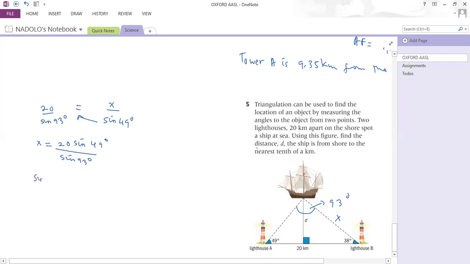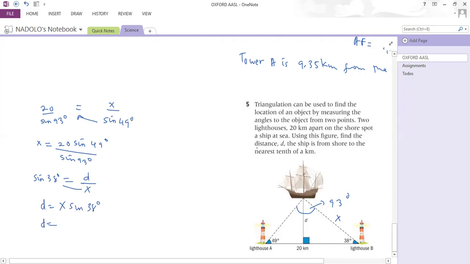So sine 38 degrees is equal to opposite divided by hypotenuse, which is x. So how do you obtain D? You multiply by x on the other side, so D will be x sine 38 degrees. And remember, x is what we obtained up there.